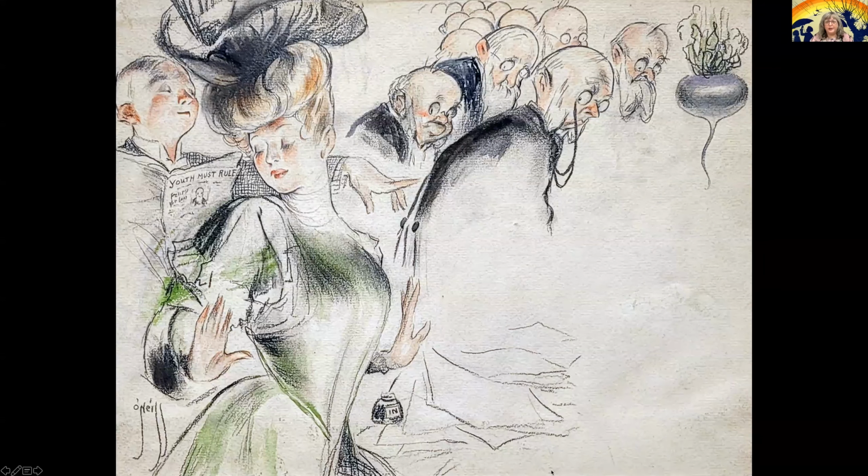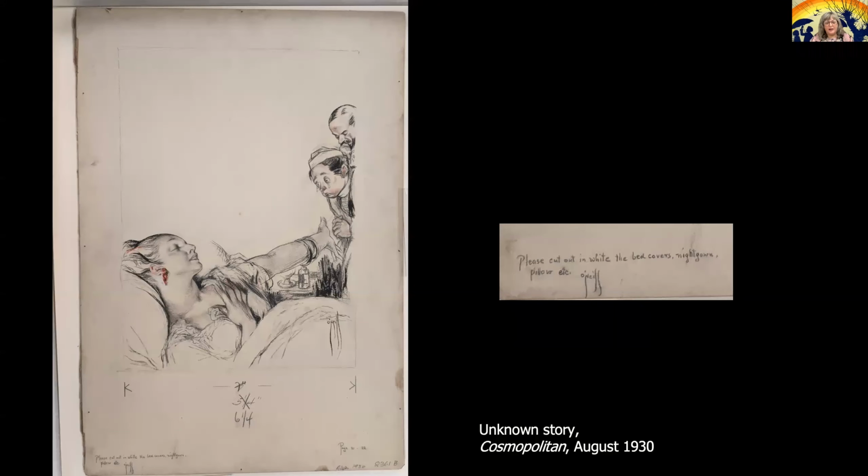So there are a few original pieces that we haven't yet identified, but we do have some information. Like this one, we know it was from Cosmopolitan, and the date written on it was August 1930. It's just a matter of looking through the magazines to find out exactly what the story is and when it was published. And here we have another note from O'Neill with instructions for the printer.